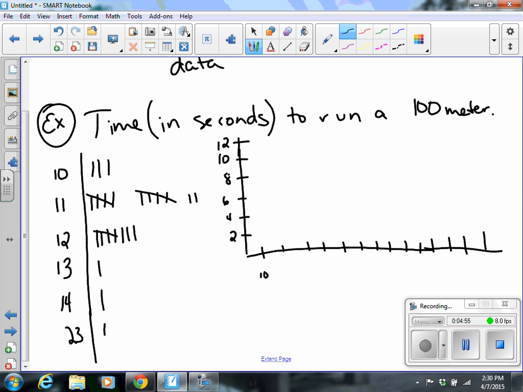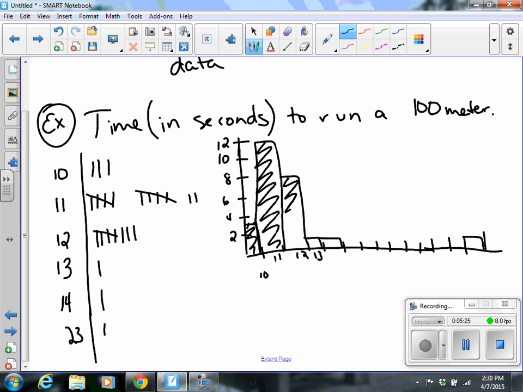Looking at this histogram, it's going to be a little goofy here. And then all of a sudden over here, I've got one person that ran it. Okay, so looking at this, just so you can see what we're talking about, I've got one person clear out there.